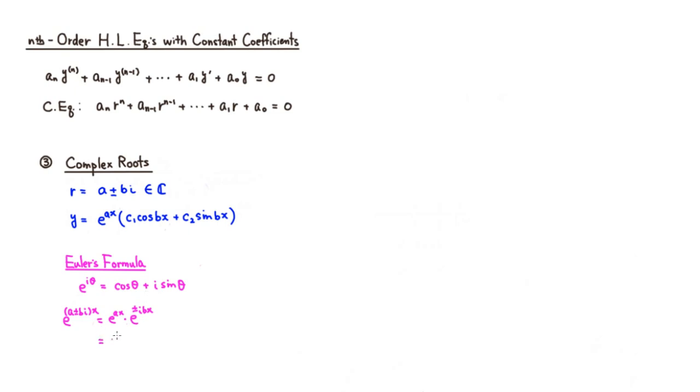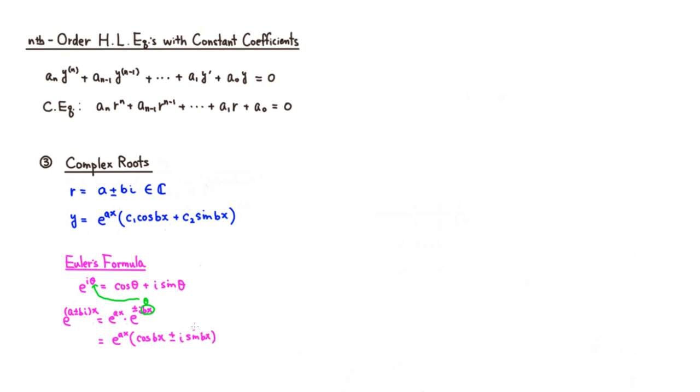So we still have e to the ax. This is going to give us a cosine of bx, because this is like theta. And since you have a plus or minus, I can put plus or minus i sine of bx.